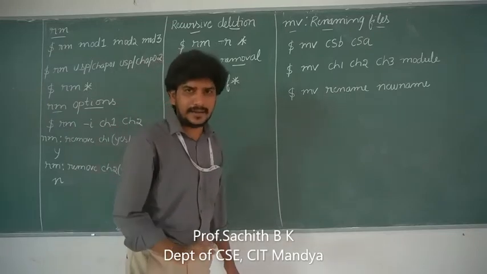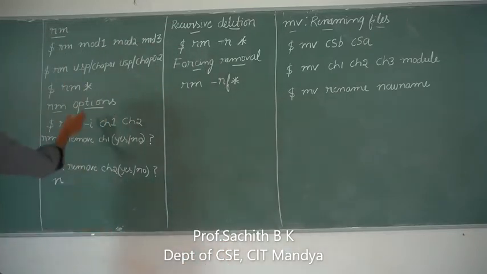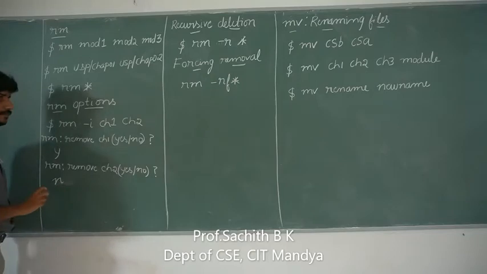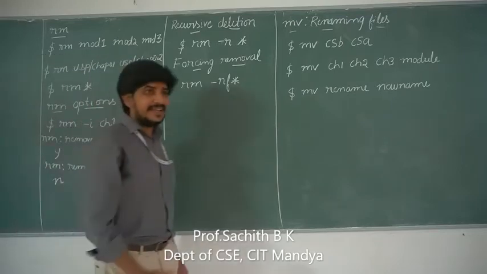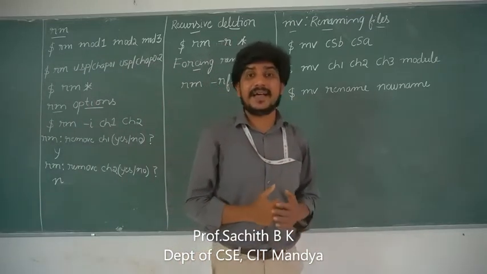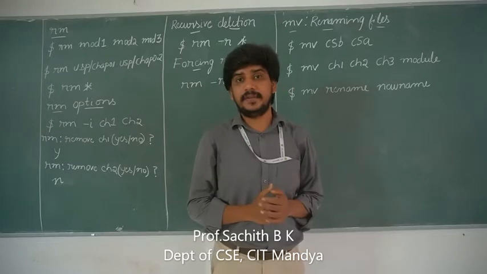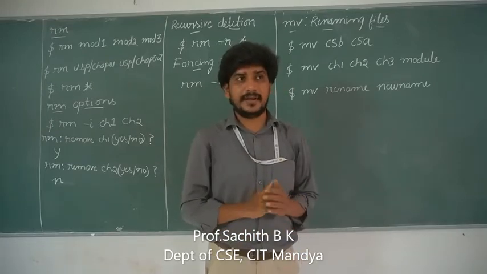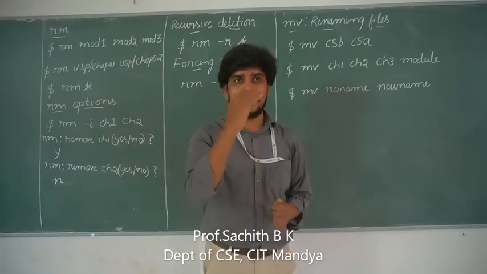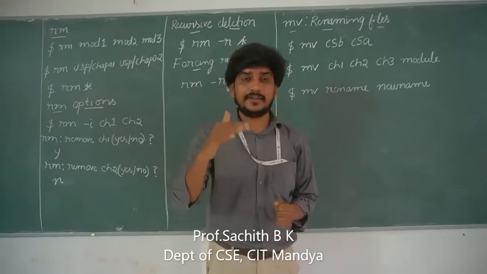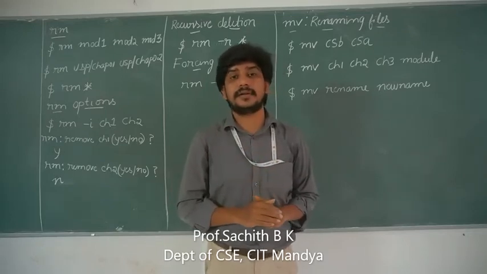I can also use the star operator with the rm command. What this star operator will do is delete the entire contents of the directory. That means if I am present in some directory by name Kumar, then it will delete all the contents present in that particular directory.